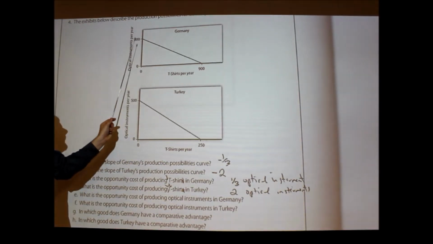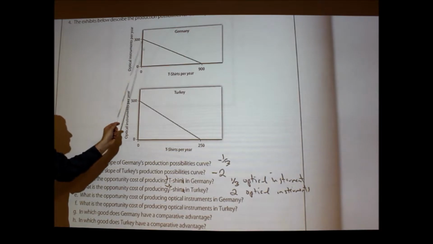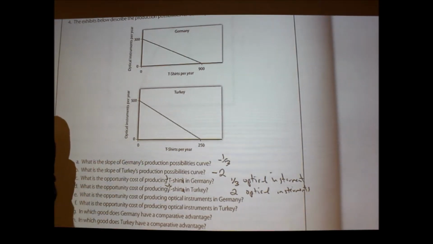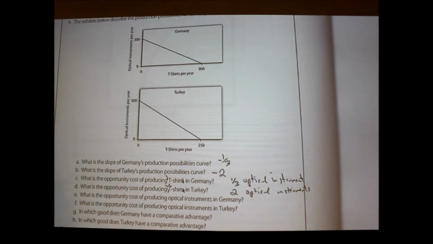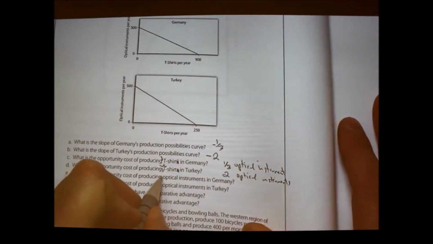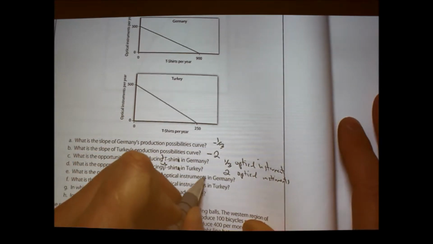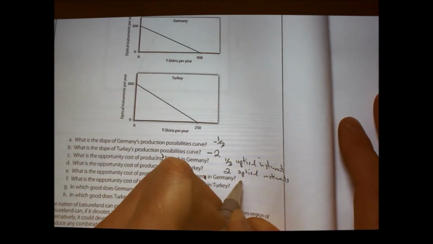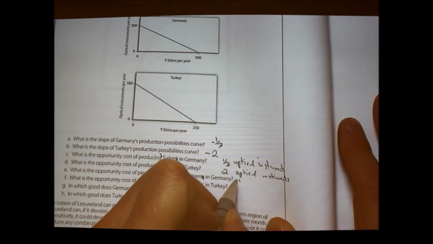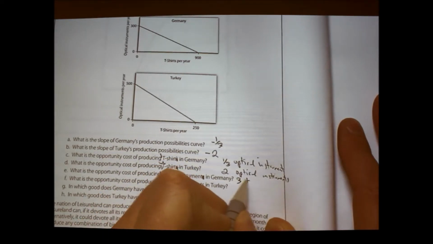Therefore, if you produce 1 optical instrument, you give up the opportunity to produce 3 t-shirts, right? So the opportunity cost of producing 1 optical instrument in Germany is 3 t-shirts.